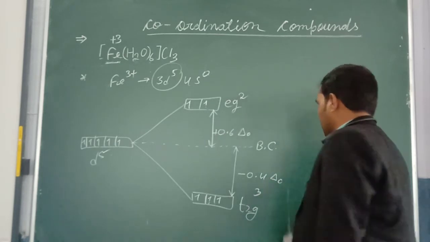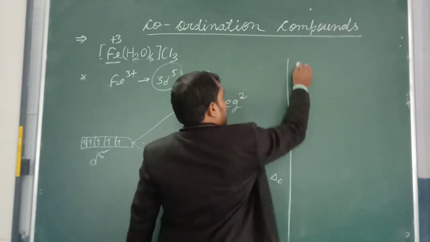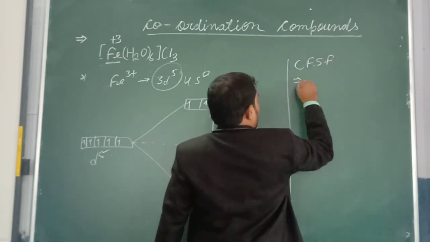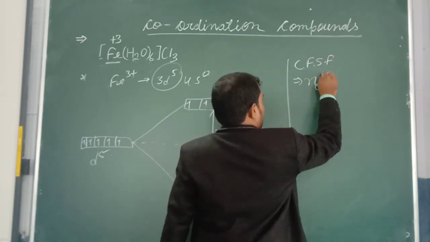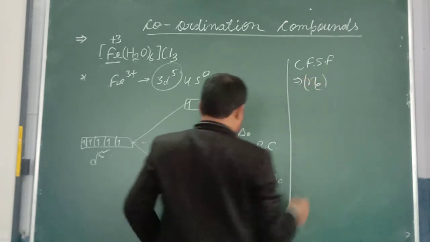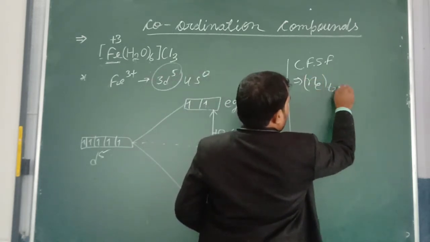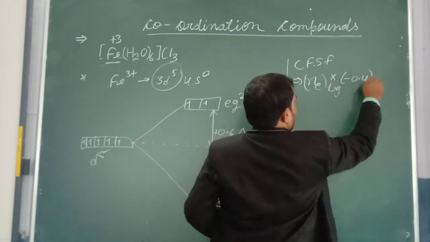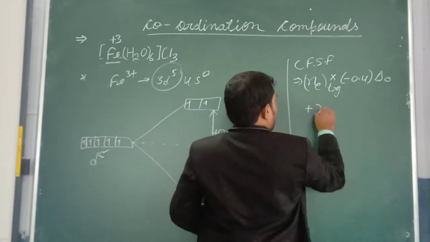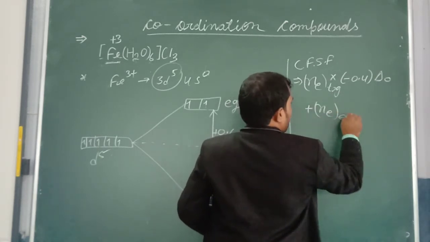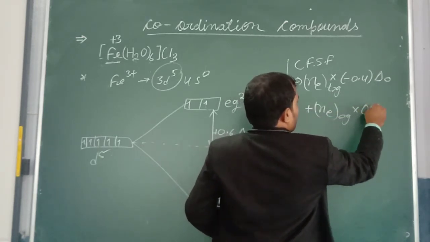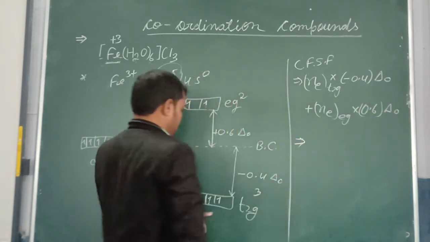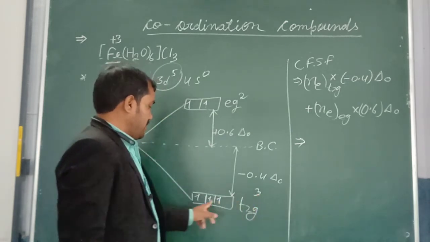What is crystal field stabilization energy? Crystal field stabilization energy is equal to the number of electrons in t2g times minus 0.4 delta O plus the number of electrons in eg times 0.6 delta O. How many electrons in t2g, my dear? 3.